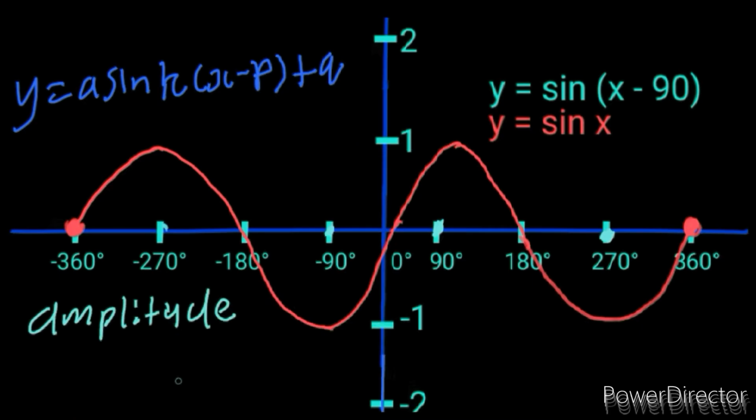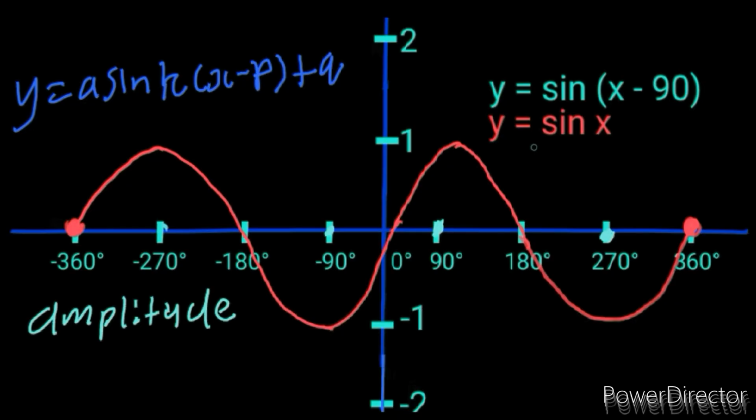And let's talk about amplitude. In physics, if these are waves, you will actually know that amplitude is maximum disturbance. Maximum disturbance from the 0 point. So it's the maximum disturbance from the middle of the wave. So this height is the amplitude. So if you notice, the amplitude is 1.